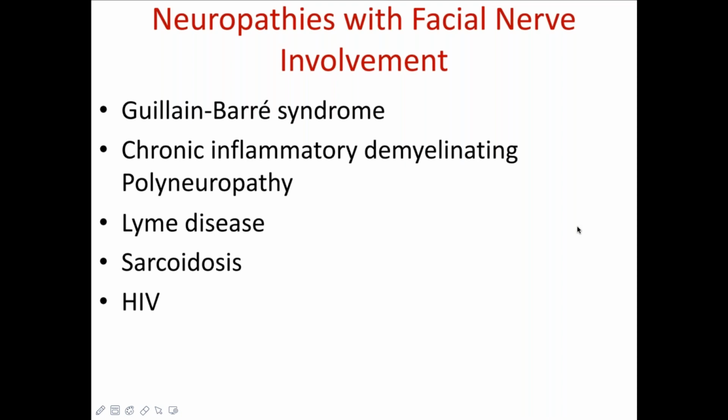This is a very pertinent question when neuropathy is present with facial nerve involvement. Facial nerve involvement, along with generalized or per se facial nerve involvement, might occur in a GBS variant. What is the name of the variant of GBS which involves the facial nerve? Answers. This is an MCQ question. Which variant involves the facial nerve?